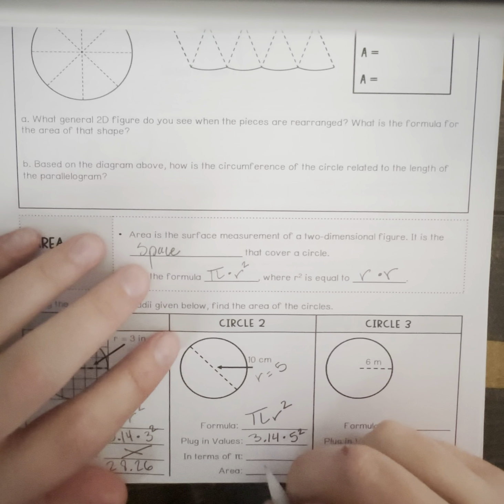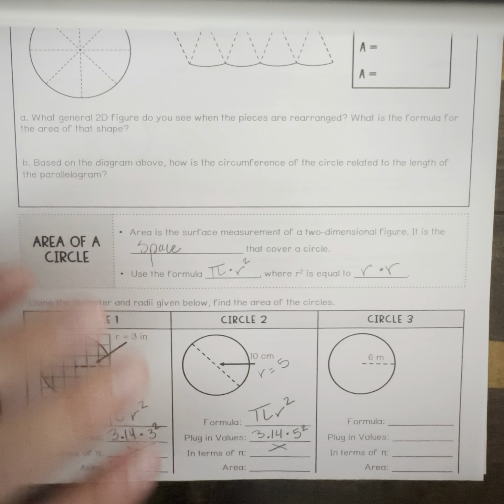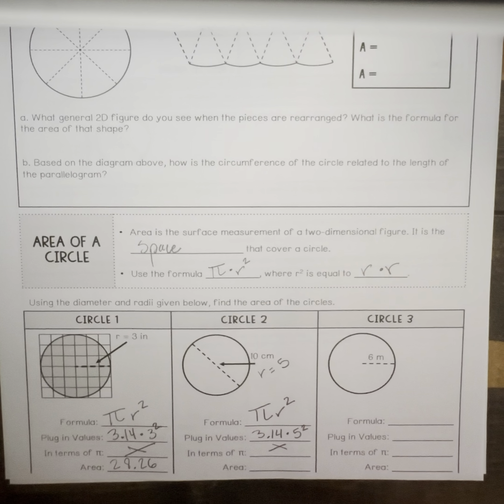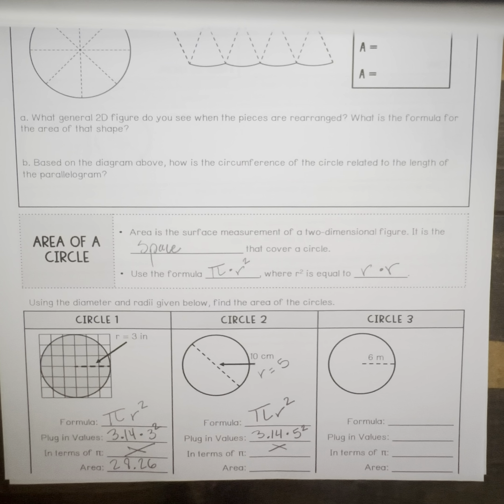In terms of pi, we're skipping. Type this in the calculator. I'm going to give y'all about 10 seconds. Maybe not 10. I'll give you 30 because you probably don't have Desmos already open. 30 seconds. Practice typing this in the calculator: 3.14 times 5 squared.